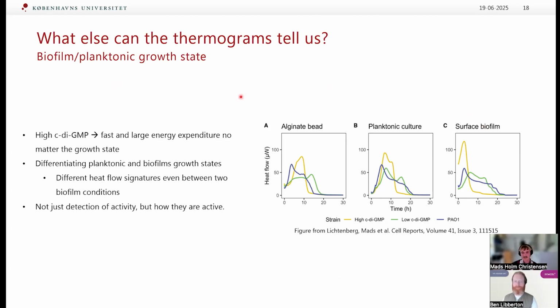And what we can see here is that if you have high cyclic diGMP levels, there's a fast and very large energy expenditure, no matter if it's a biofilm or a planktonic. But you can still see differences in the shape and the features of the heat flow curves to distinguish between the state of growth. So it can also be used not just for detecting an activity, but also detecting how they are active when you have detected that activity.